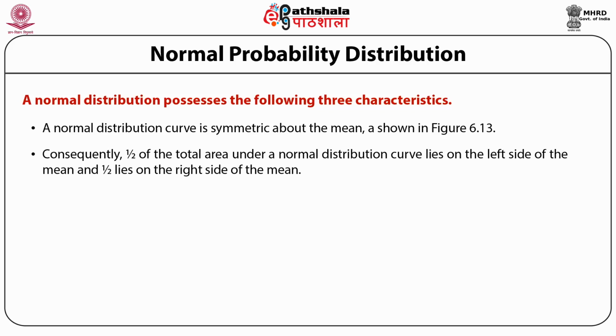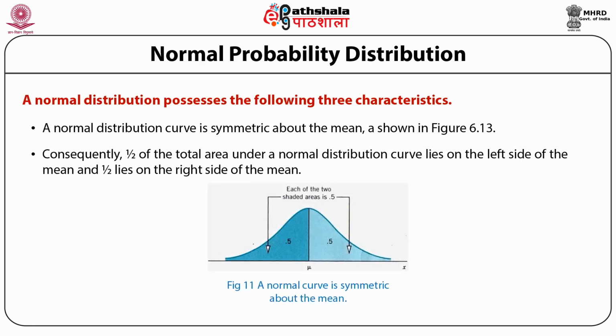If we see figure 11, the normal curve is symmetric about the mean, where mu lies. Here this is a separating line corresponding to mu. So towards the left hand side there is 50% of the area and towards the right hand side 50% of the area.